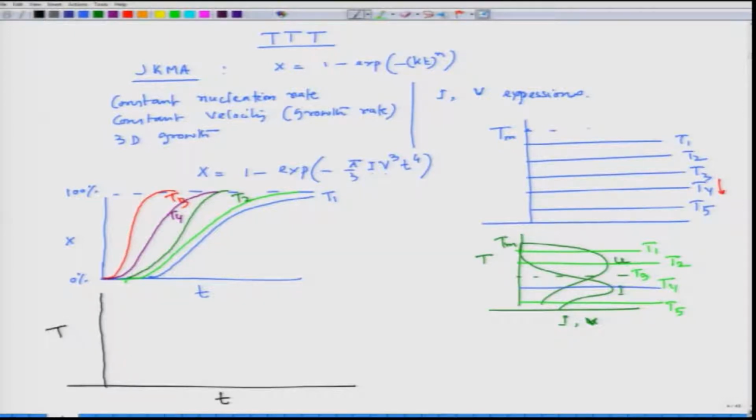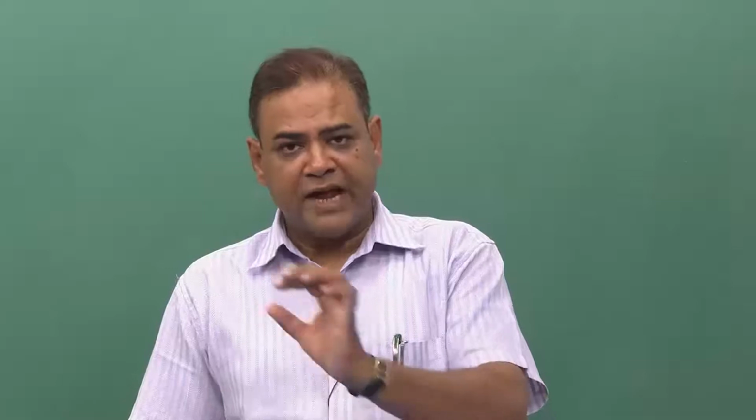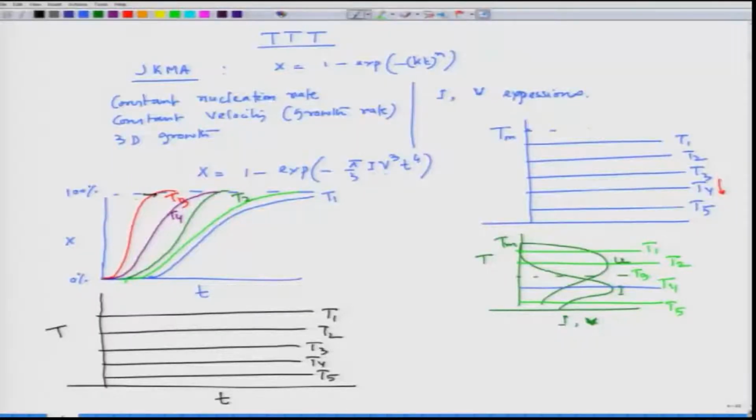and try to take those points on the temperature axis, that means this is my T1, this is T2, this is T3, this is T4, and this is T5. Now, I will just take down the 1% transformation point and the 99% transformation point, which is this point, close to 100%.